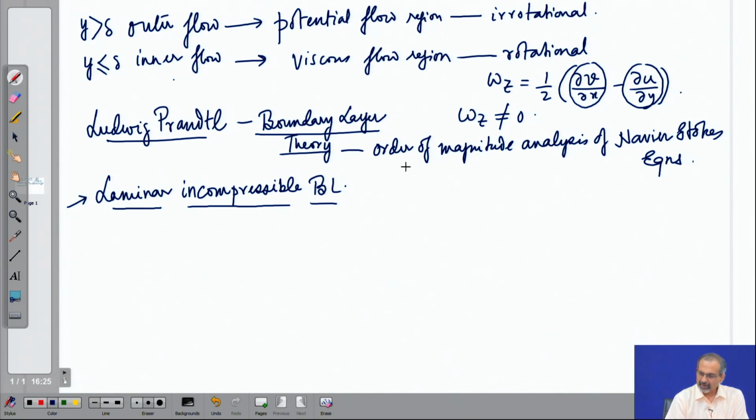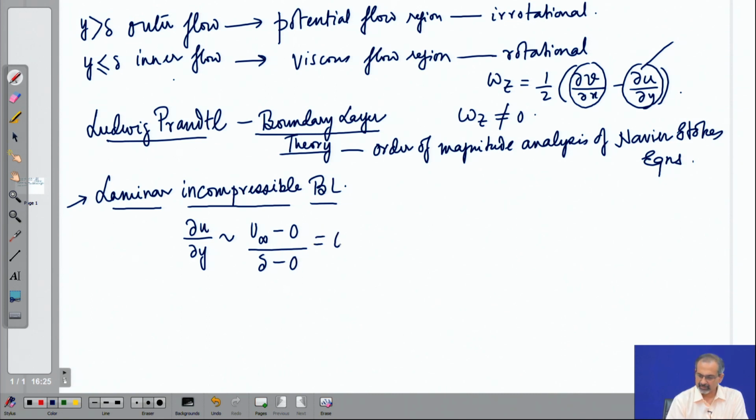So, the order of magnitude analysis of Navier-Stokes equation basically looks at the estimates of different terms in the Navier-Stokes equations and works out whether they are large or small. For example, if you look at a term like del u del y, which we have been discussing, then the order of the term is typically like this: it changes from 0 to u infinity within a distance of delta.